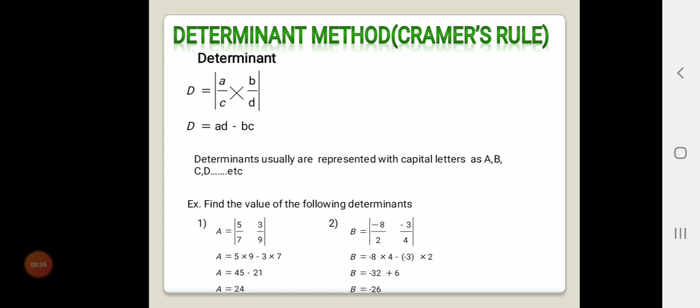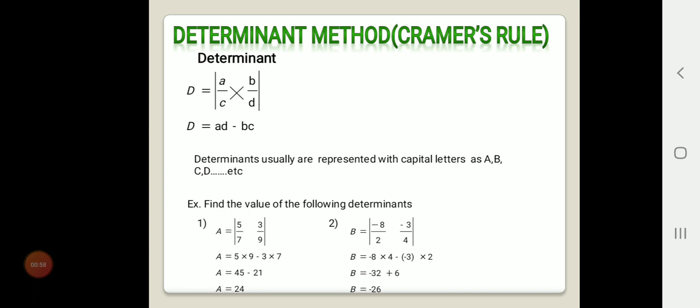Determinant. We learned about determinants in the previous standard. A, B, C, D is a determinant. A, B are the first row and C, D are the second row. A, C is the first column and B, D is the second column.